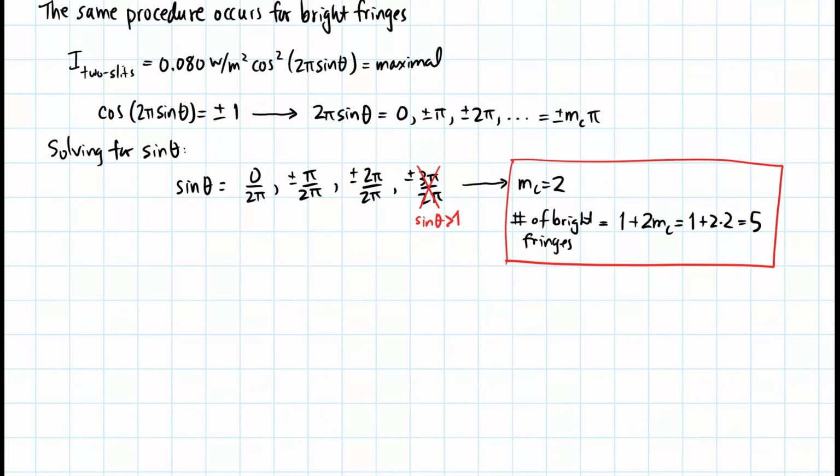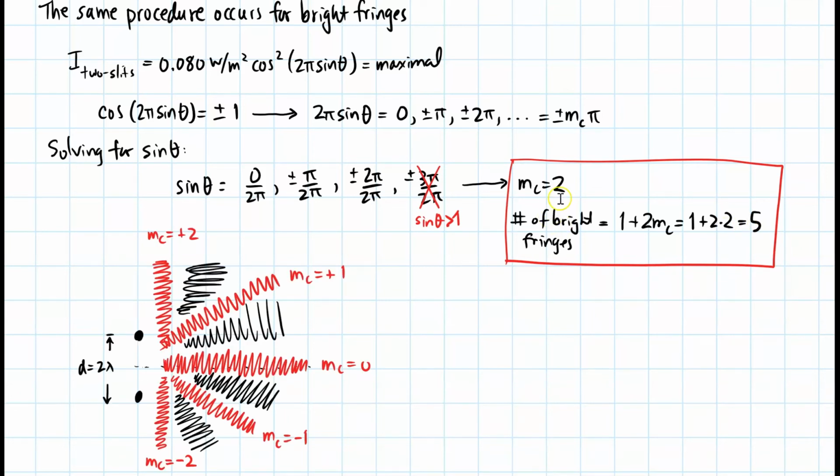So what does the interference pattern look like? According to this picture, I have my 2 sources that are separated by 2 lambda. For MC equal to 0, that's where the path difference is 0. And then I have 2 bright fringes, so I go MC plus 1, MC plus 2, but MC plus 2 is at 90 degrees, and then I go MC minus 1, MC minus 2.